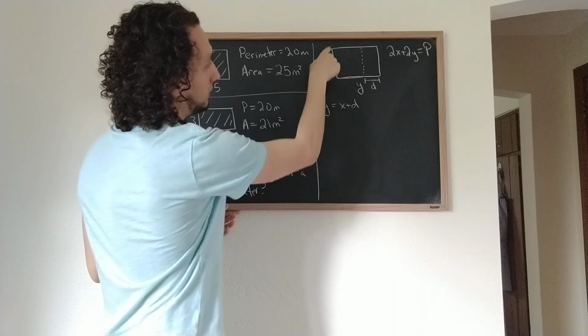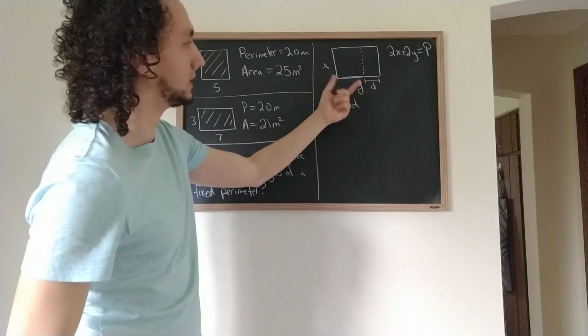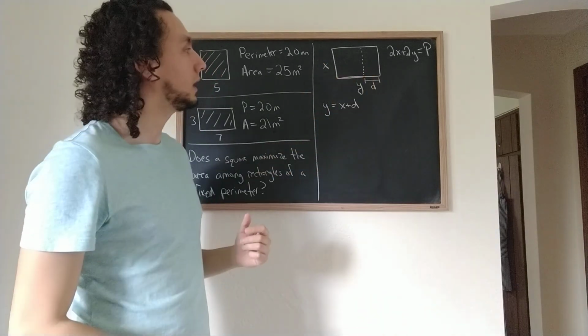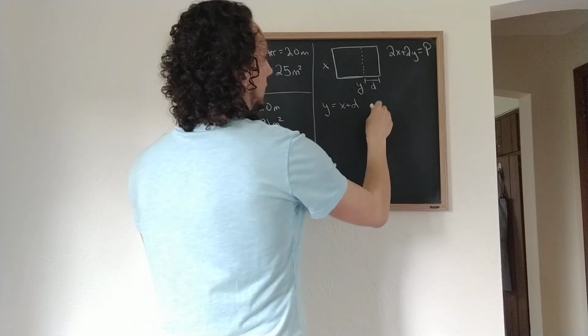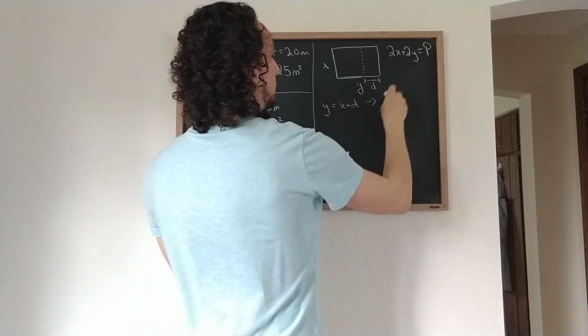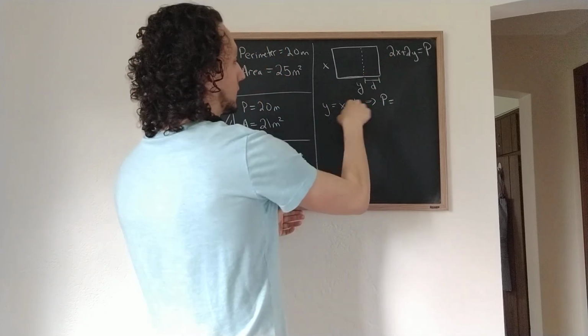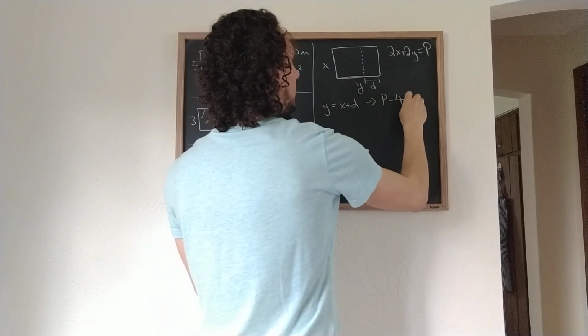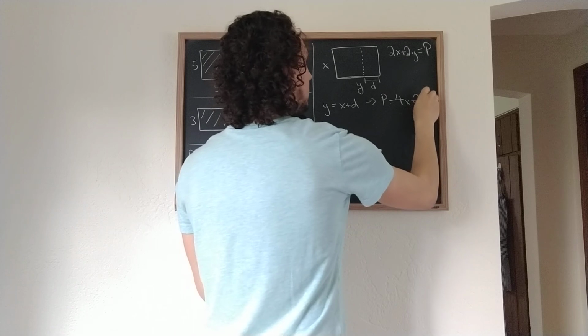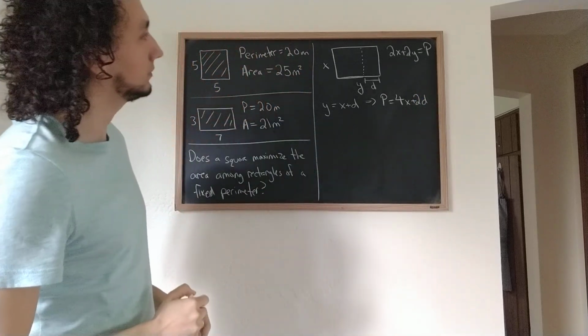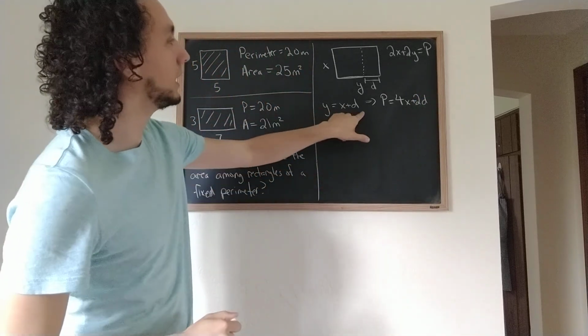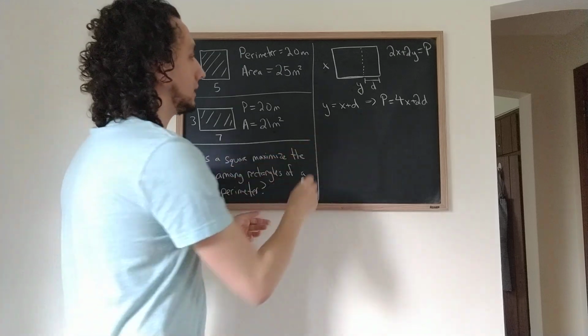Otherwise, I'm letting x stand for the smaller side and x plus d stand for the larger side. And of course, in this case, our total perimeter p is equal to 2x plus 2y, which you can check is 4x plus 2d, because I can express y in terms of x and d.